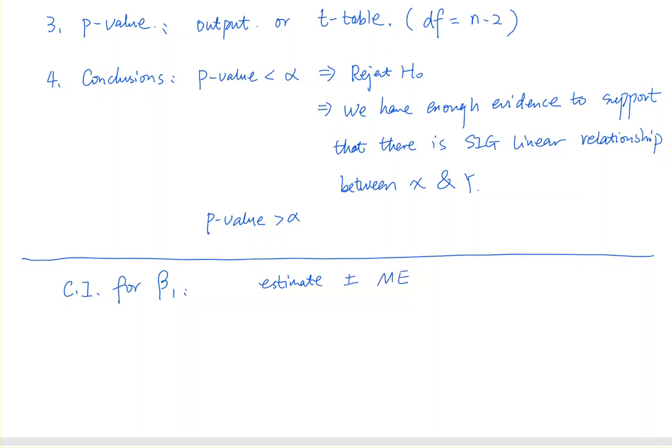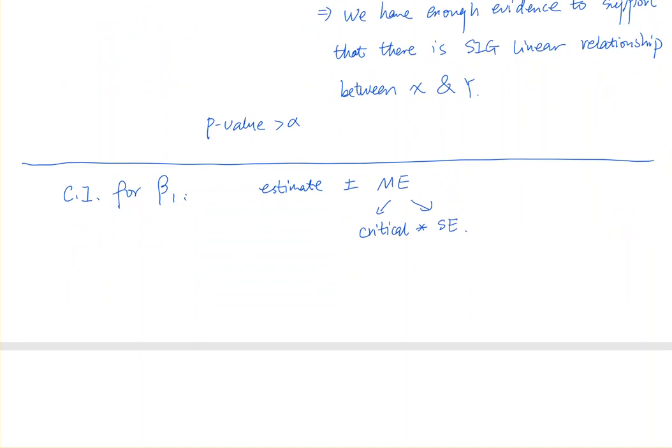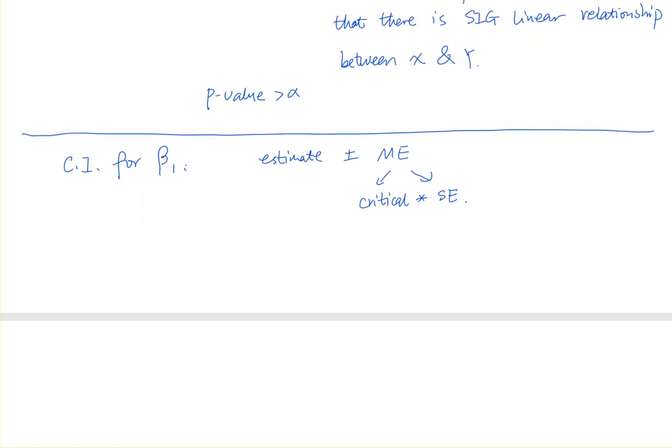The estimate plus minus the margin of error, and the margin of error is still the critical value times the corresponding standard error. Since we want the confidence interval for beta 1, the estimate will be b1, plus minus the margin of error.